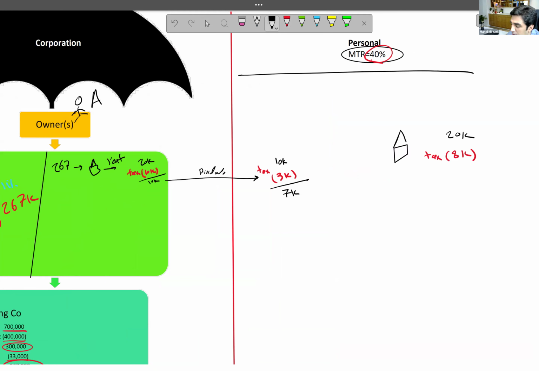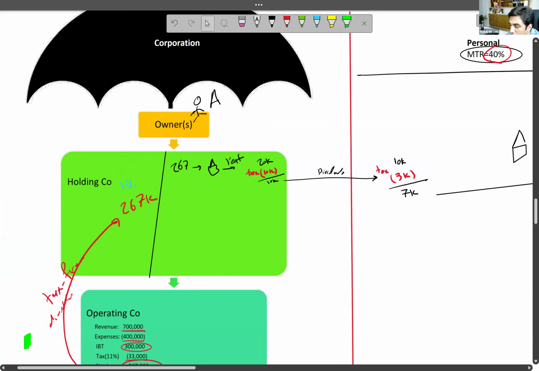So how much is the remainder? $12,000. So you see the difference? If he buys the property inside the corporation, he's gonna earn almost $5,000 less, which is almost 40% less. So it's not a good idea to buy the property inside the corporation.